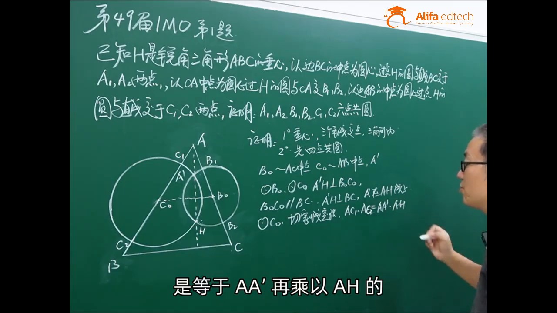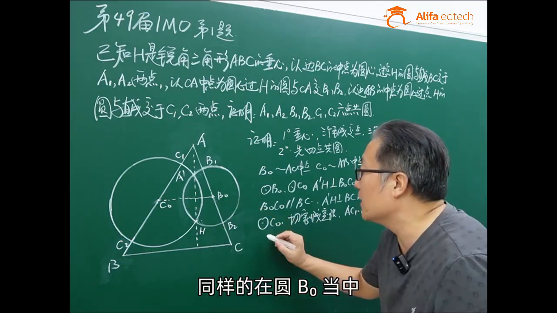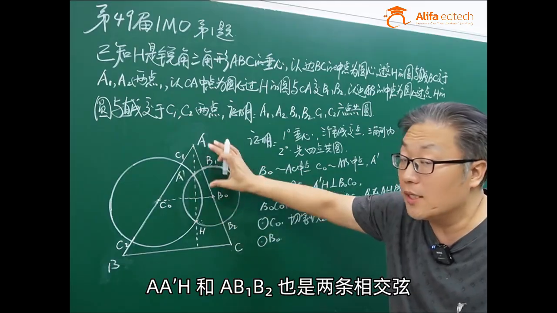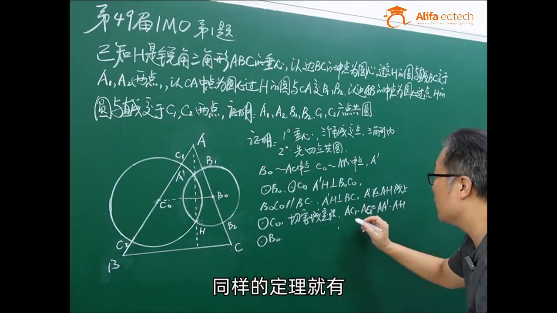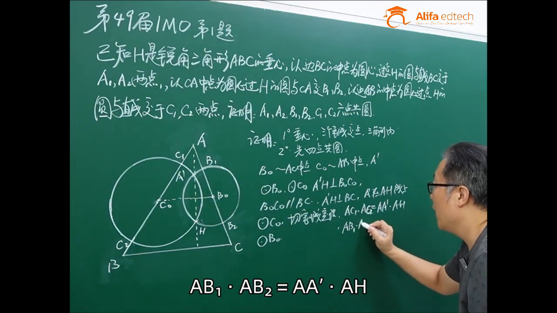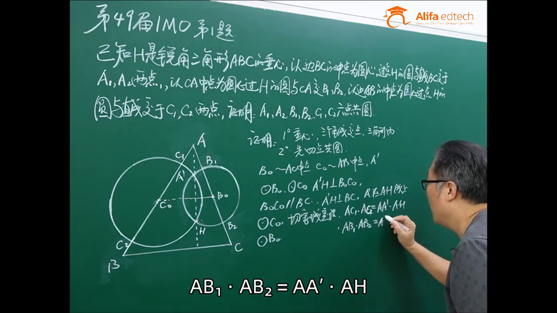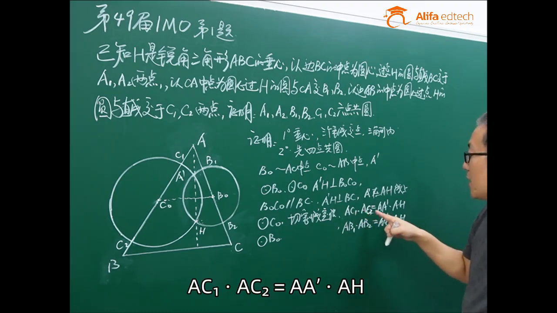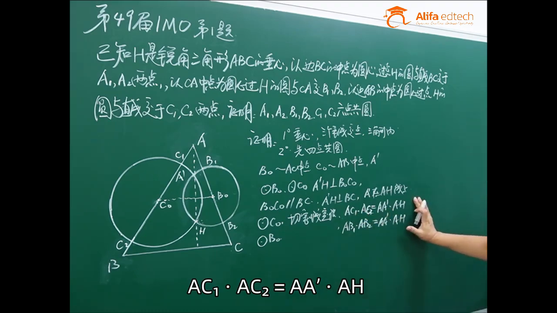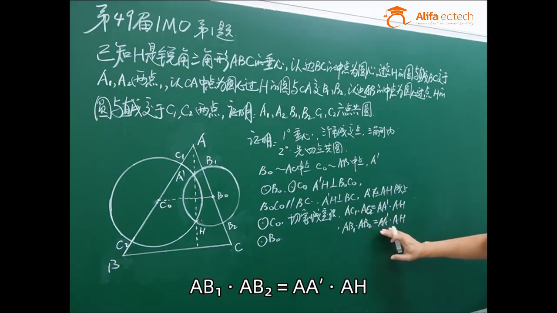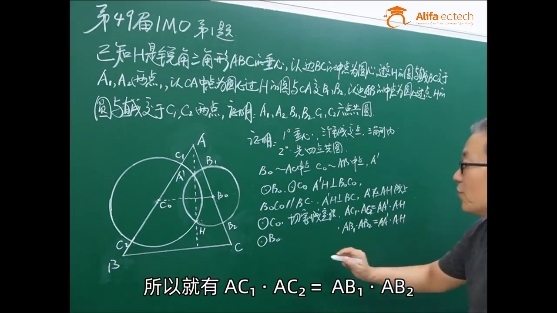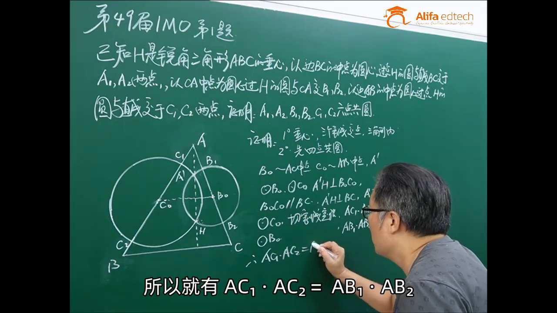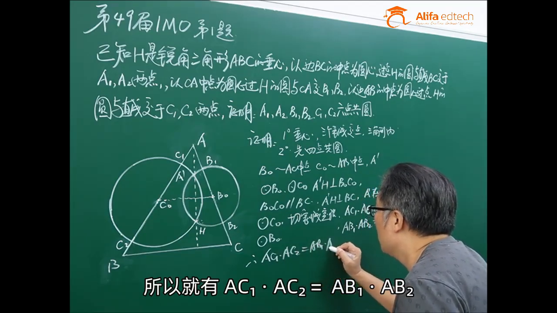Similarly, in circle B0, AA' and AB1B2 are also 2 secants. The same theorem gives AB1 times AB2 is equal to AA' multiplied by AH. Since AC1 times AC2 is equal to AA' multiplied by AH, and AB1 times AB2 is also equal to AA' multiplied by AH, AC1 multiplied by AC2 is equal to AB1 multiplied by AB2.